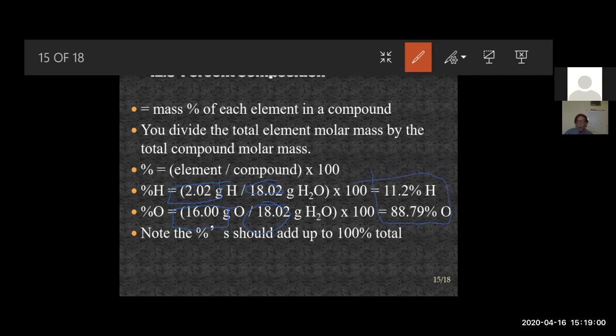So water consists of 11.2% hydrogen and 88.79% oxygen. And that is true regardless of where you get the water. You get the water here in Phoenix area, or you get the water in Egypt. So that is a constant. Okay, so these numbers should add up to 100%.